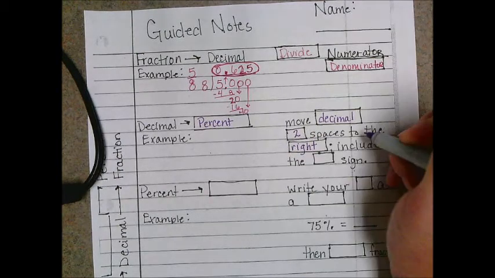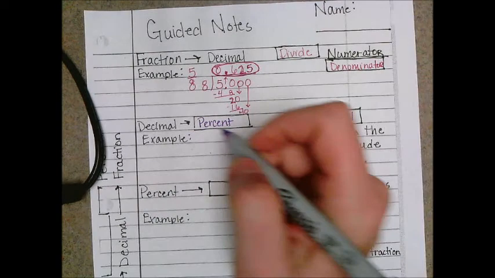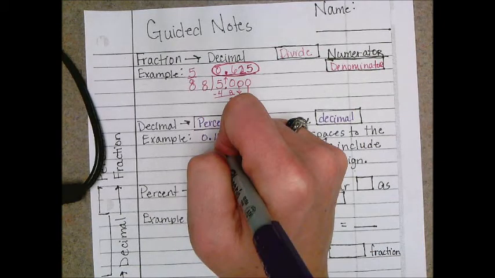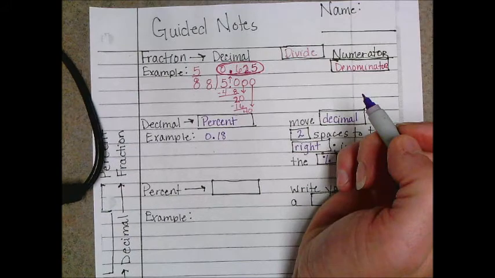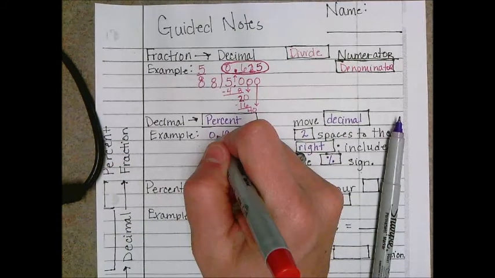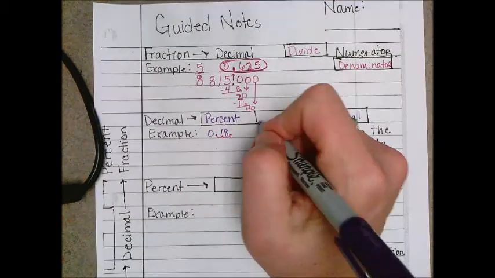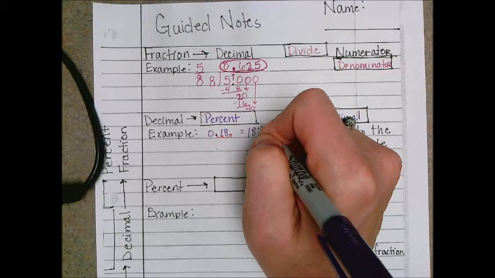So our example here will be 0.18. Okay, you move the decimal 2 spaces to the right, and it now becomes 18%. You could also turn this decimal into a fraction and figure out your percent.